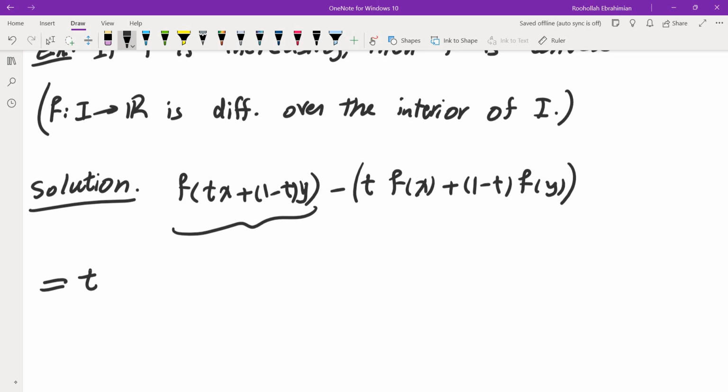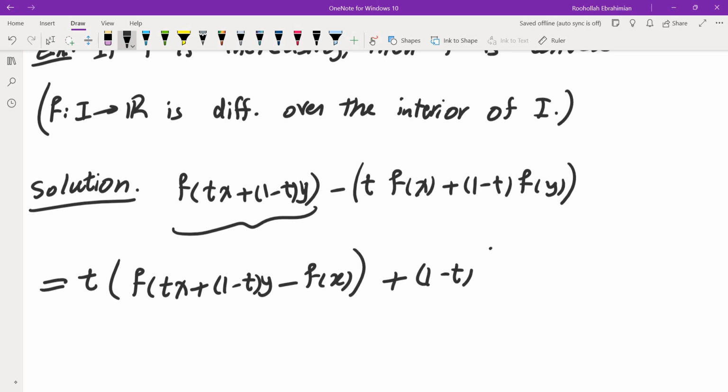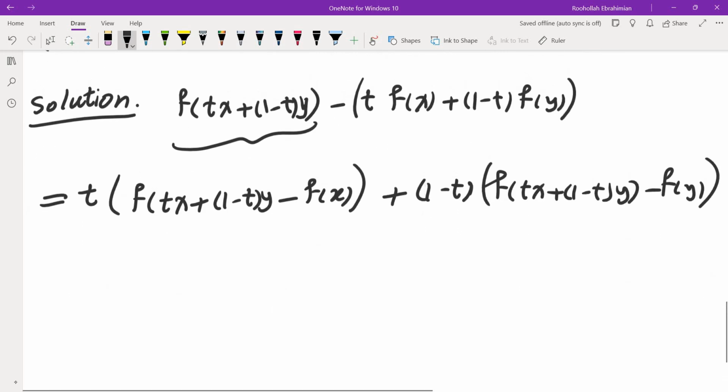So we can write it down as t times [f of tx plus (1 minus t)y minus f of x] plus (1 minus t) times [f of tx plus (1 minus t)y minus f of y]. Now, I'm going to use the mean value theorem.